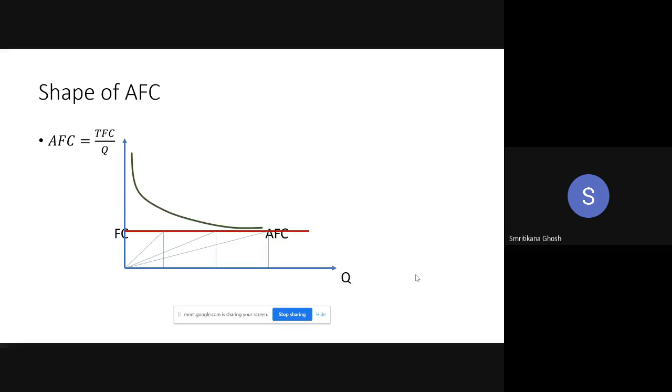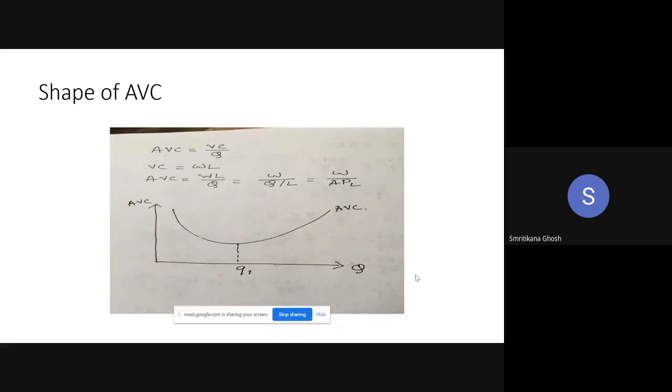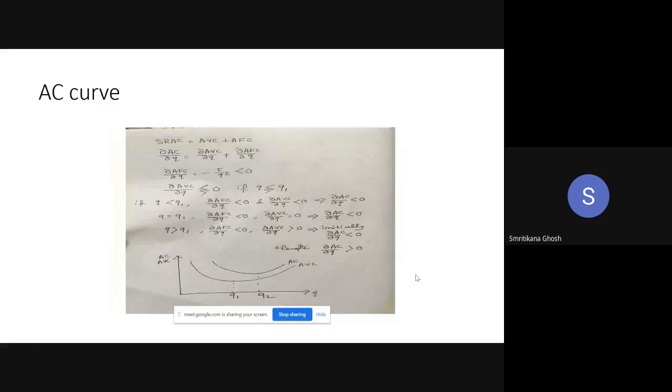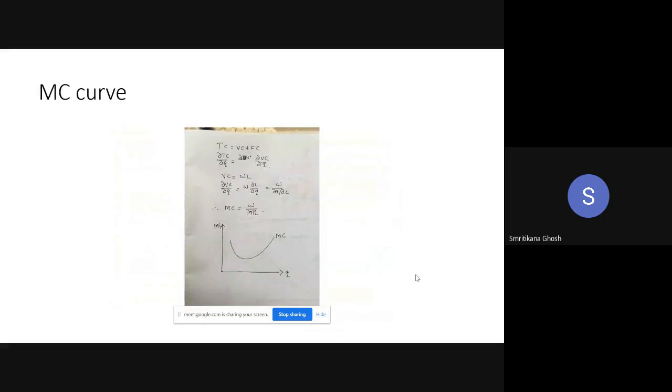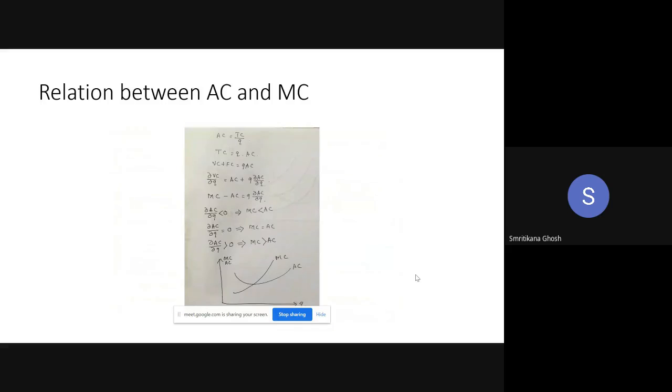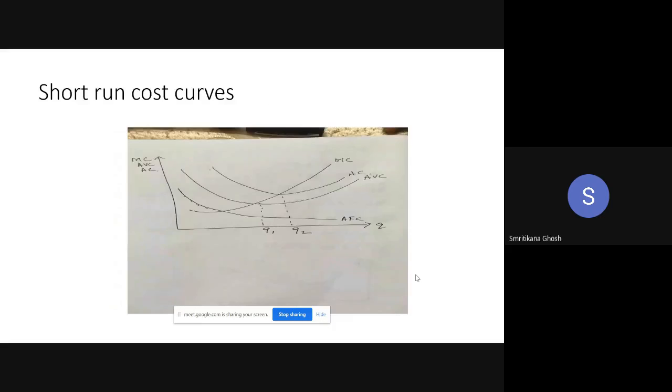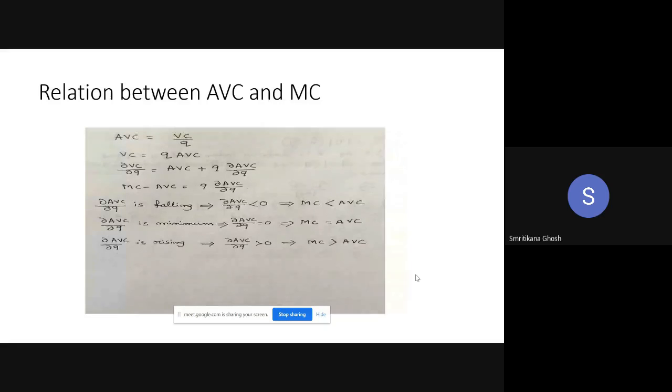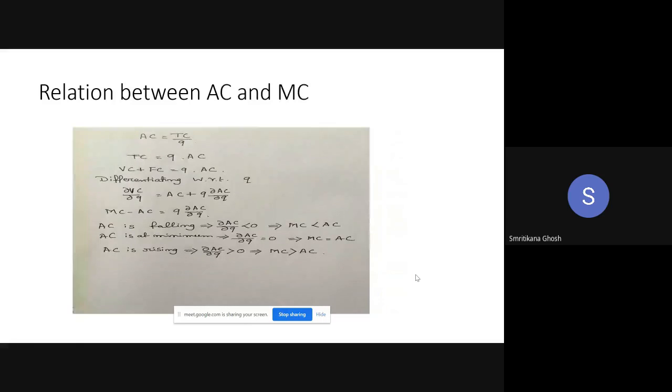These are the cost curves. The shapes, we have discussed the shapes of AFC, AVC, AC, MC, the relation between AC and MC, the relation between AVC and MC, and this is the set of the short run cost curves, average and marginal cost curves. This is the mathematical relation between AVC and MC, and between AC and MC.